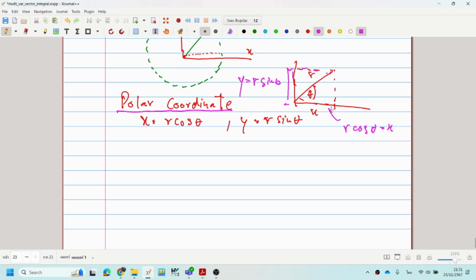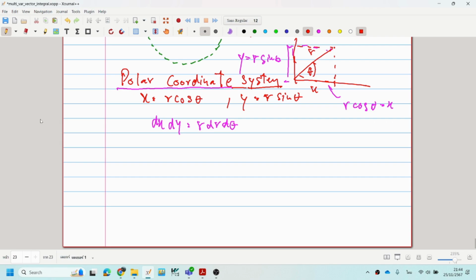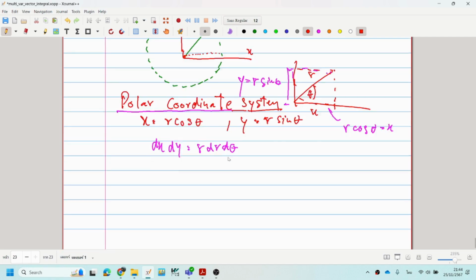In the polar coordinate system, dx dy becomes r dr d theta. This is the relation between dx dy and dr d theta. You need to transform the xy coordinate system to the polar coordinate system. The relation is x y, r theta, dx dy, r dr d theta.